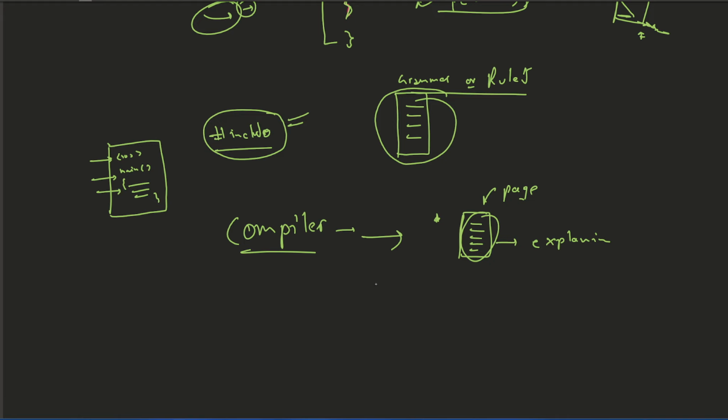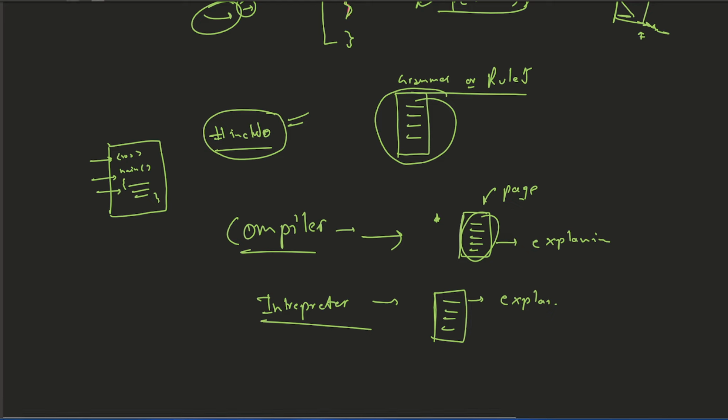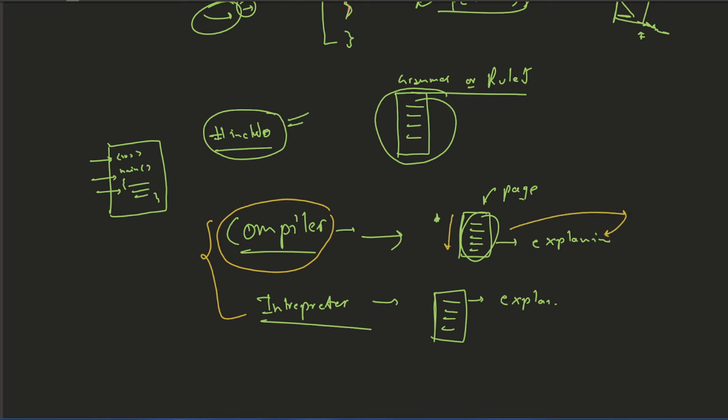Then there is another method, where you read one line and then you explain each line. That's called an interpreter. So there is an interpreter, and there is a compiler. These two things are related. The compiler reads everything on the page in one go and then explains.